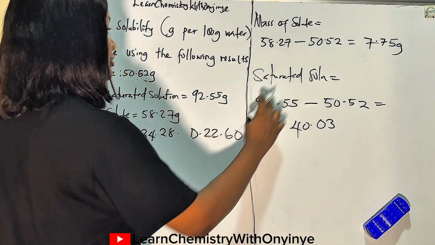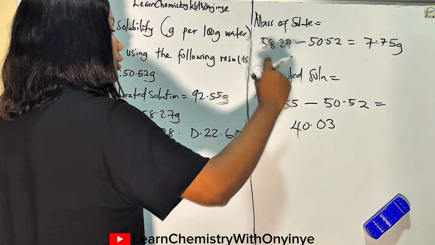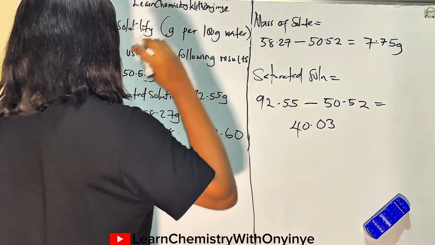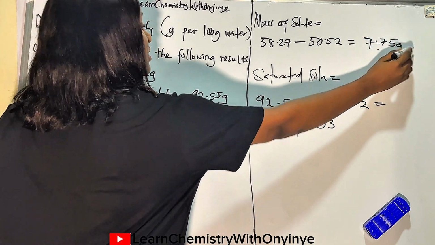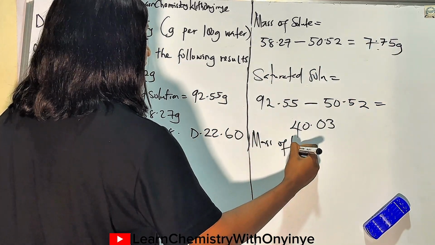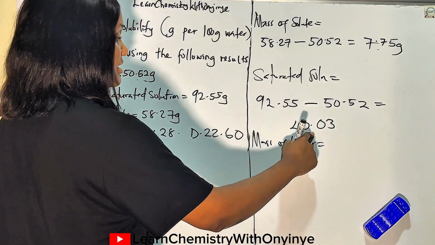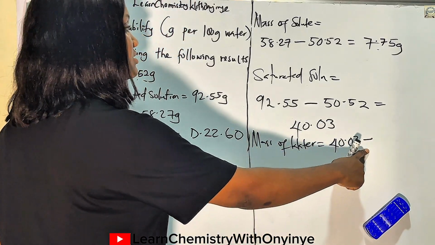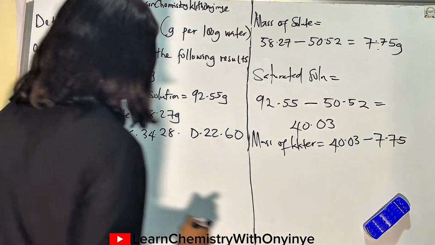However, like I said, what we need is the mass of solvent used in dissolving or making this solution. How do we get this? Remember that the solution is equal to solvent plus solute. We already found that your solute is 7.75. So the mass of solvent, or mass of water, is equal to the mass of saturated solution minus the mass of solute, 7.75.